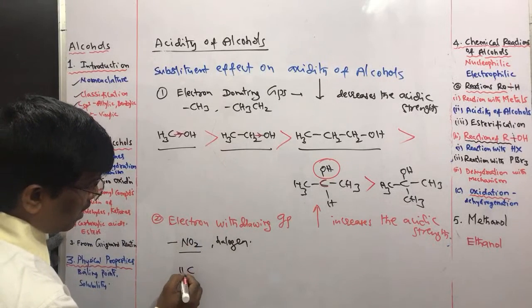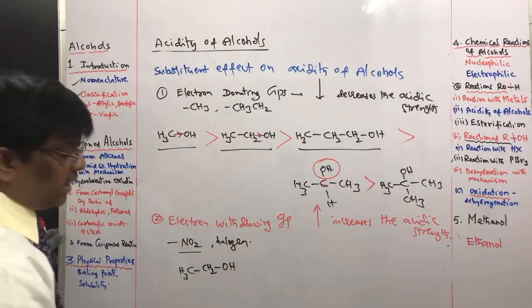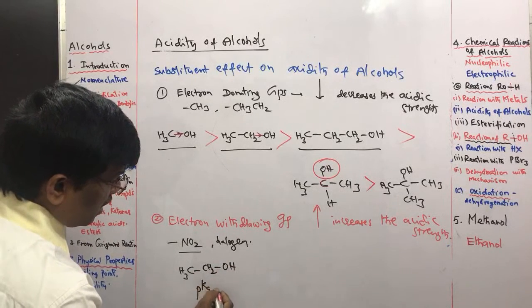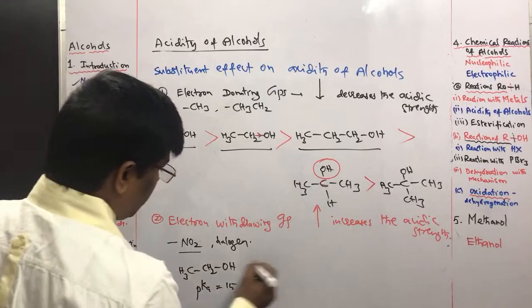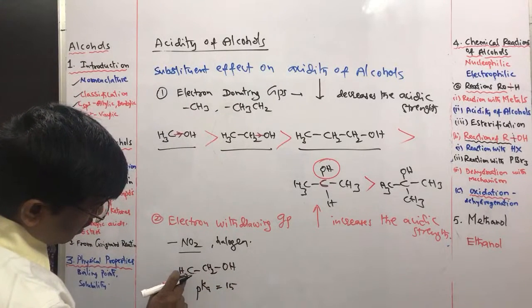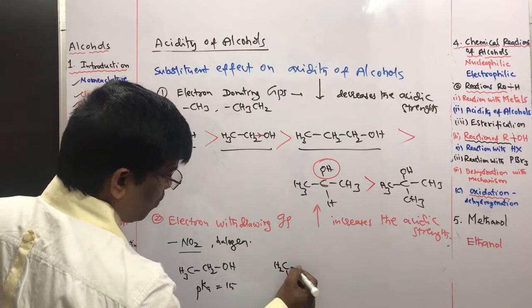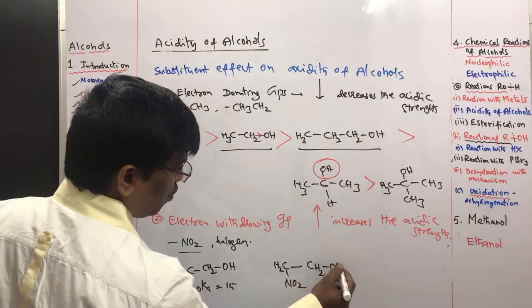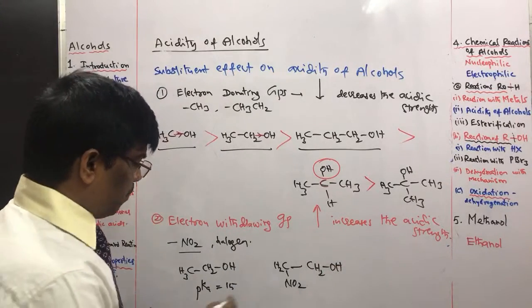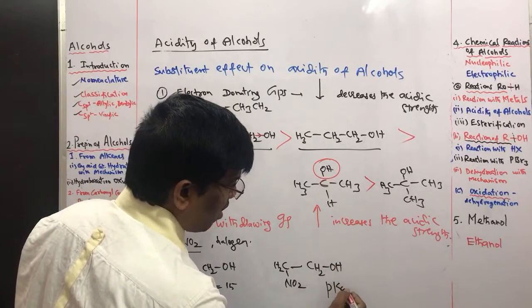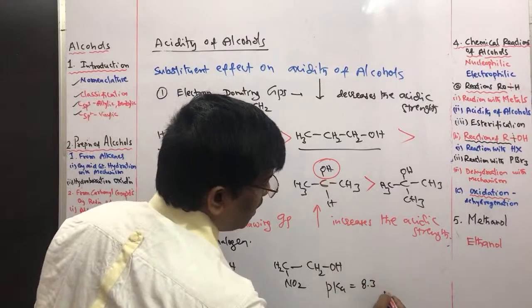Let us take ethanol for example. What is the pKa value of ethanol? It is about 15. When you substitute a nitro group on the CH2 to get CH2OH, that is 2-nitroethanol, the pKa of this alcohol is about 8.3.